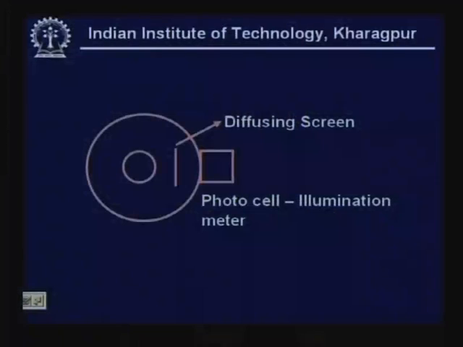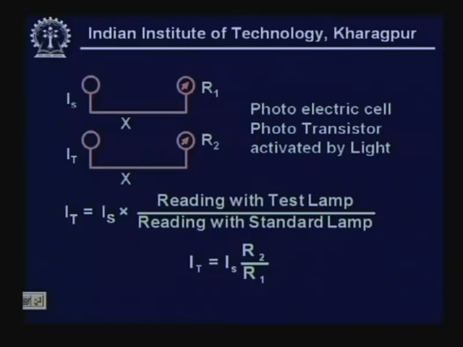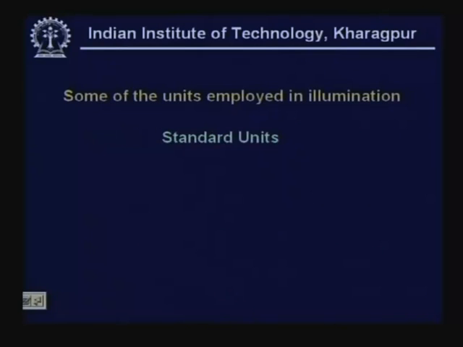Initially we keep a standard lamp at the center, representing the smaller circle, observe the reading on the photocell, then replace it by the test lamp, repeat, and then you have the reading. The luminous intensity of the test lamp would essentially be the luminous intensity of the standard lamp multiplied by R2 over R1. So, this is how a photocell looks.